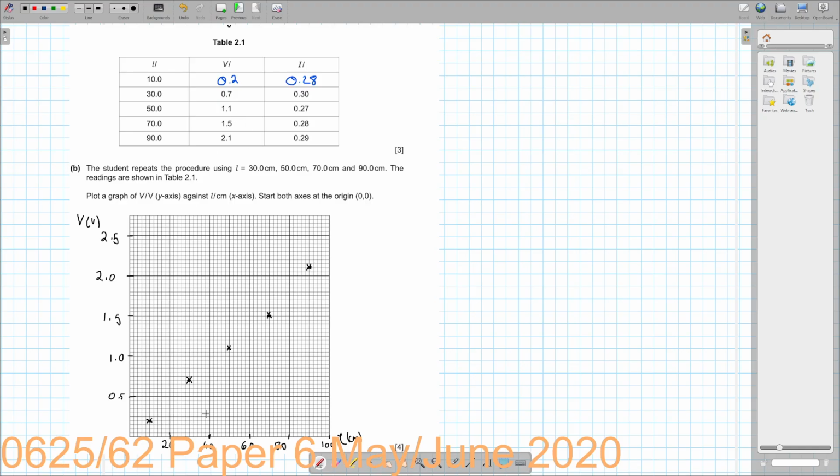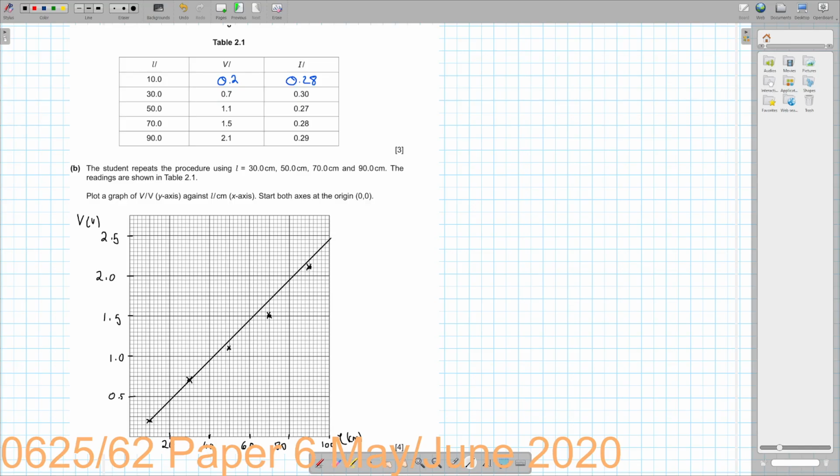Okay, so we want a graph. Don't use a curve. I was thinking whether to put a curve or whatever. So I'm just going to use a line of best fit, okay? A line of best fit should include your first and last point.